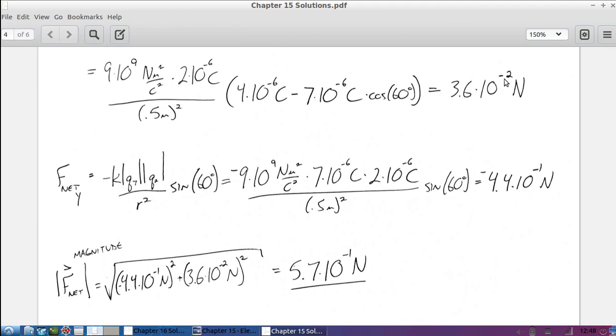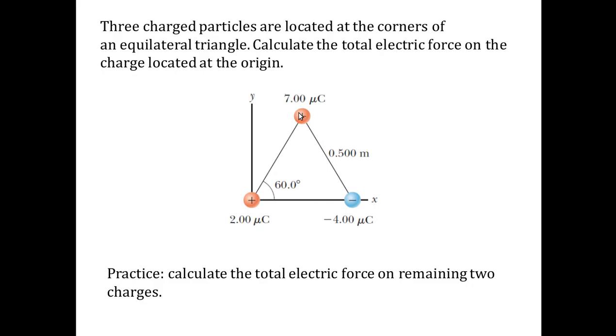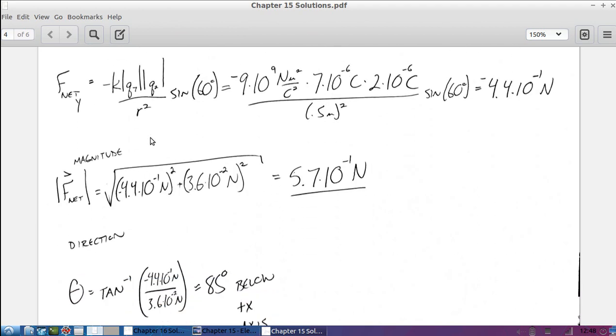So that's a little over 10 times more than the force in the x direction. That's because the force in the y direction is just due to the 7 microcoulomb charge. The force in the x direction is a combination of the force due to this charge and the force due to that charge, which is acting in the opposite direction. So we've got a much larger force in the y direction than in the x direction, which is okay. It makes sense based on the configuration.